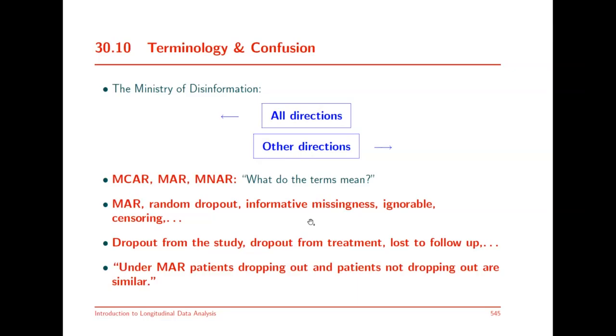Dropping out can mean dropping out of the study, which means no information whatsoever. You're planned to be in the study for a year, but after half a year you give up, and then there's no information on you whatsoever. But you can also drop out from treatment because the physician thinks that you should get rescue medication.